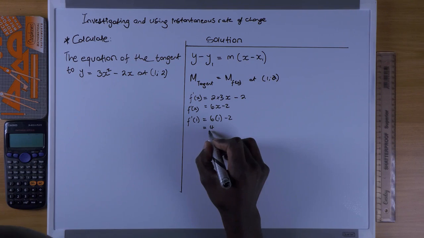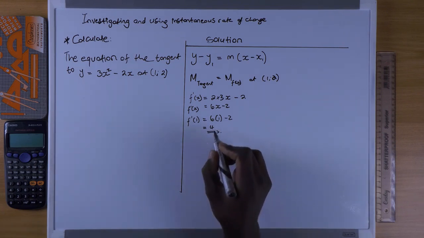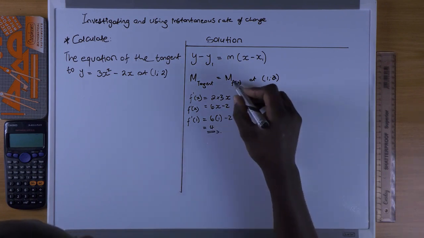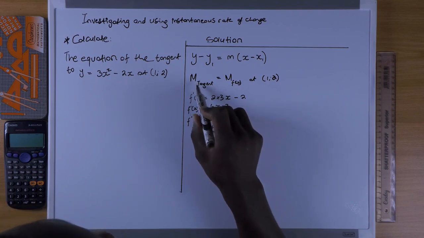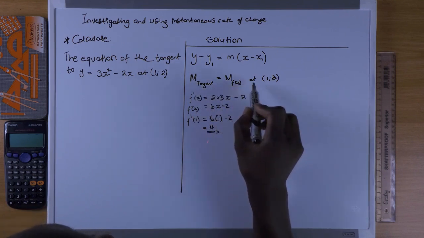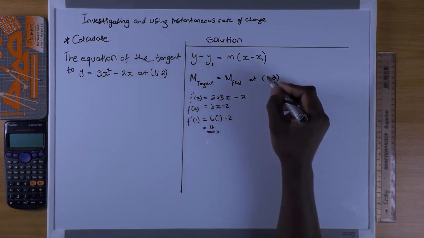Okay, so we have that. Now you have the gradient of this function at this point. As I've said, the gradient of the tangent and the gradient of this function at this point are equal.